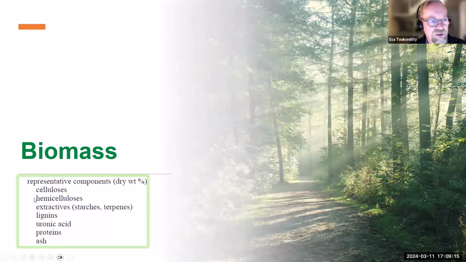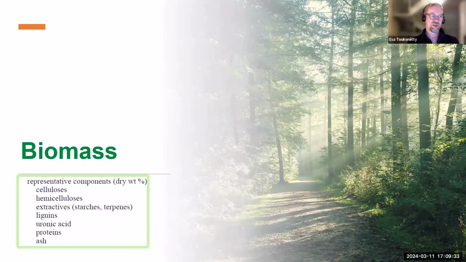And the list here mentions cellulose. That's one of the three main components found in so-called lignocellulosic materials, so basically wood-based materials.